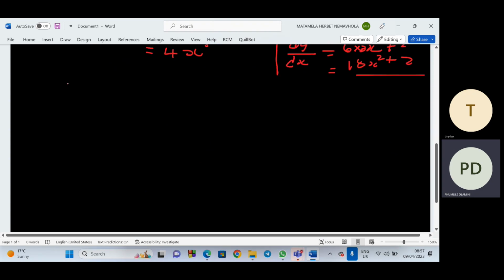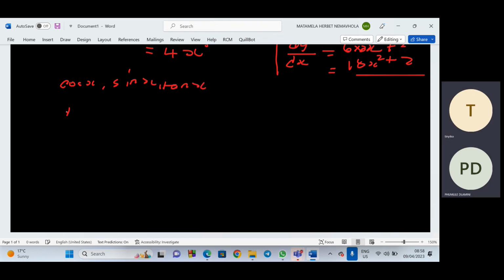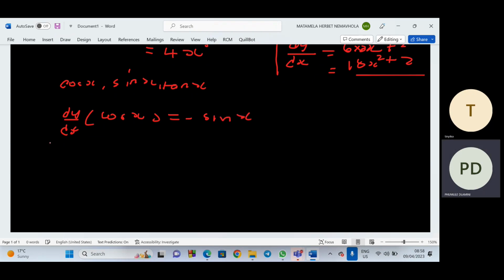We also have things like cos x, sin x, and tan x. When we differentiate, dy over dx of cos x is equal to negative sin x, and dy over dx of sin x is equal to cos x.